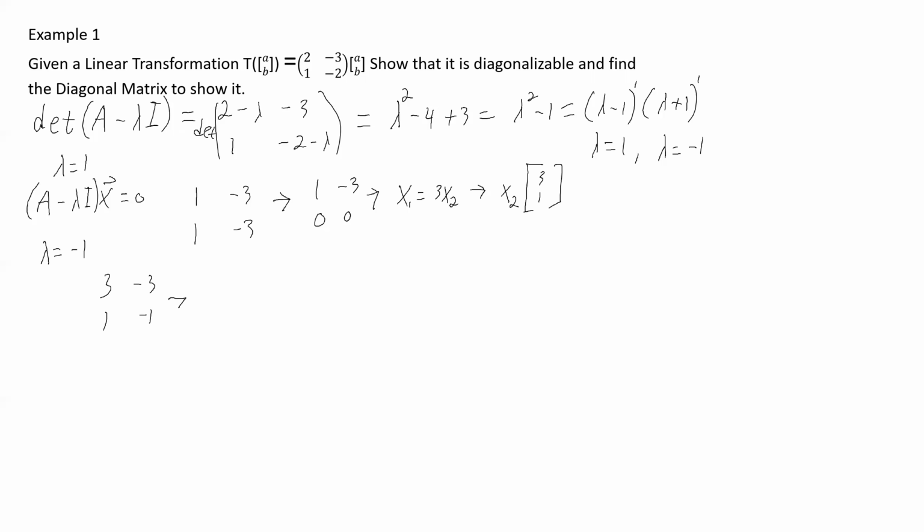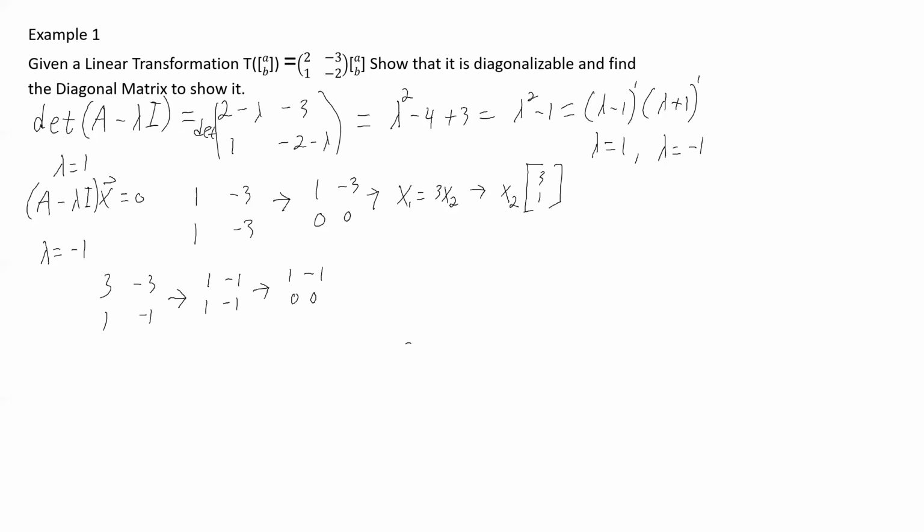Doing the reduced row echelon form, we convert the first row to 1, -1, and subtracting the first from the second gives us 1, -1 at the top, and 0, 0.